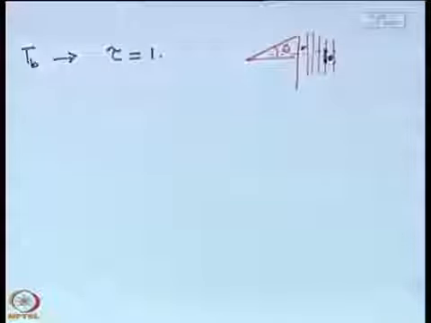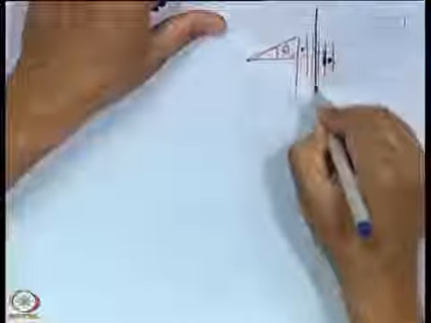Okay. So, when you are looking at a medium that has temperature gradients, you will see the radiation from the region where the optical depth is of order unity.